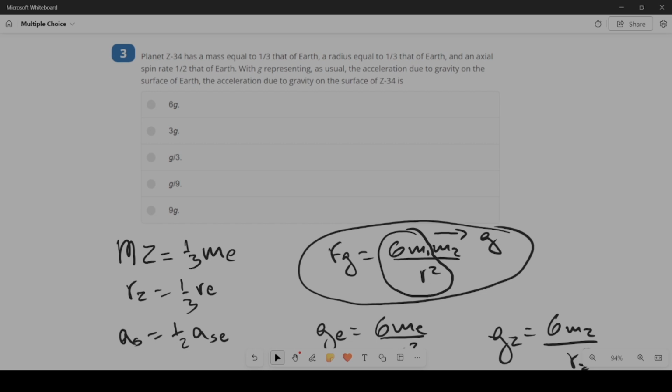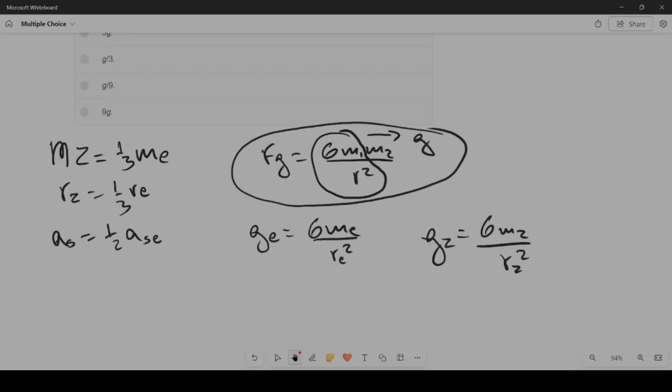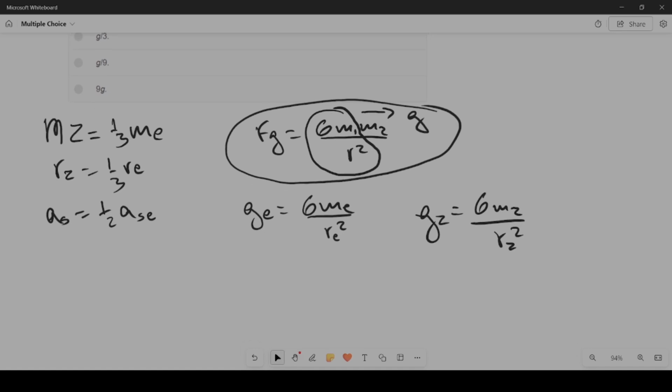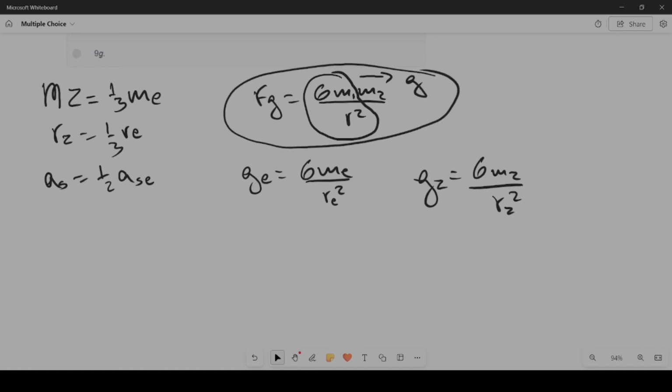Okay, so now let's just get a ratio so that we know an expression for g of Z in terms of g of E. So we can do g of Z over g of E. I always put the one that I want to get on top.